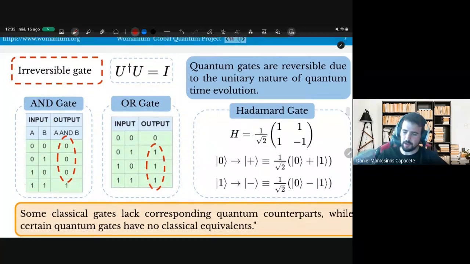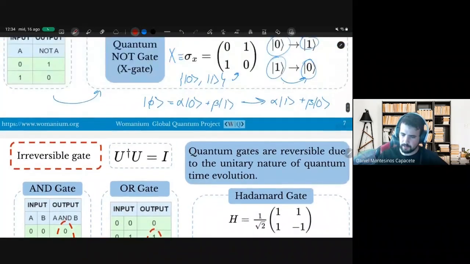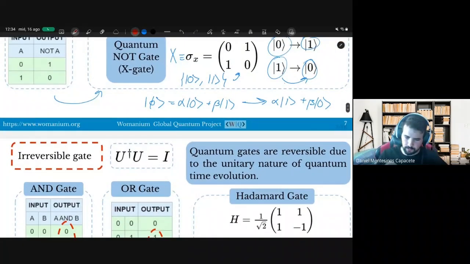For any matrix, the inverse operator is the operator that gives you the identity. This is the same as when you have a number a, and you multiply by a to the minus one. This will be one, right?